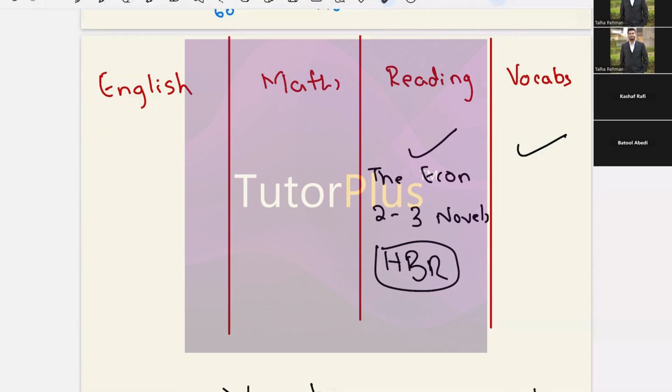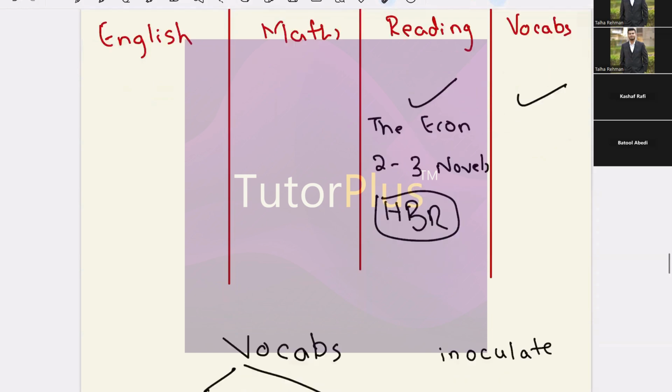And since they're not able to clear their English cutoff, that contributes to their total marks as well, which is why they're not able to clear the total cutoff either. So this is why we have broken these two down separately, and we take these two portions in addition to the rest of the English.